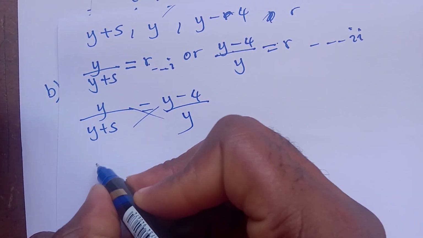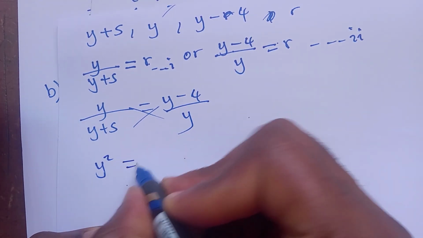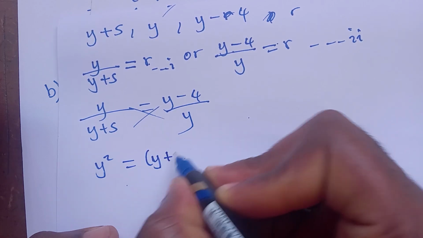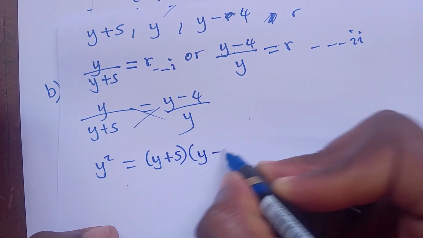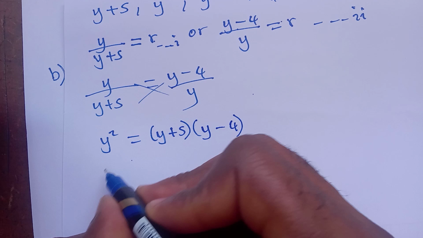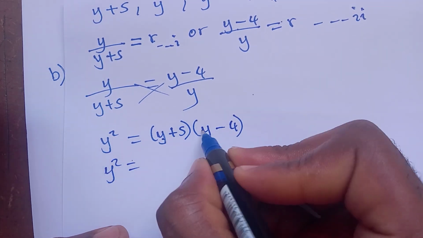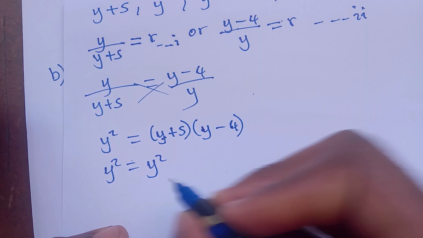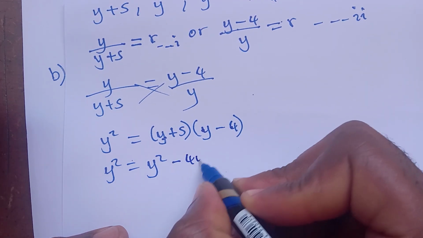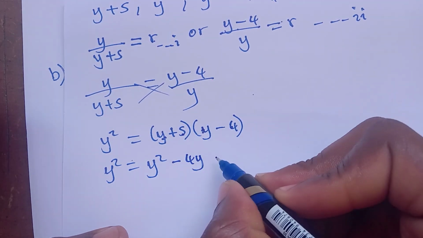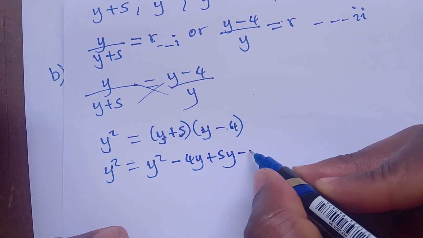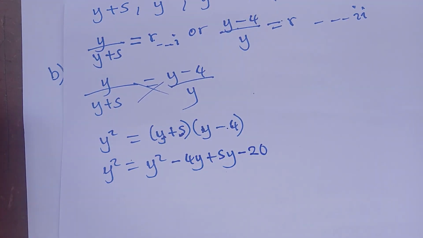So y times y will be y squared, and this times this will be y plus 5 times y minus 4. So we have y squared, y times y, this is y squared, y times negative 4, this is negative 4y. 5 times y is 5y, and then 5 times negative 4 is negative 20.